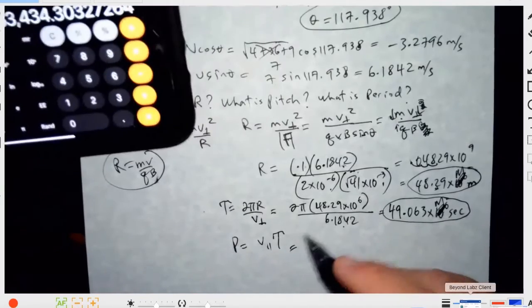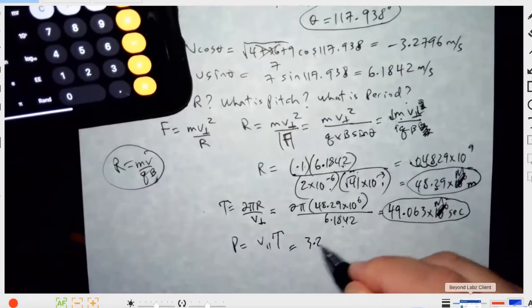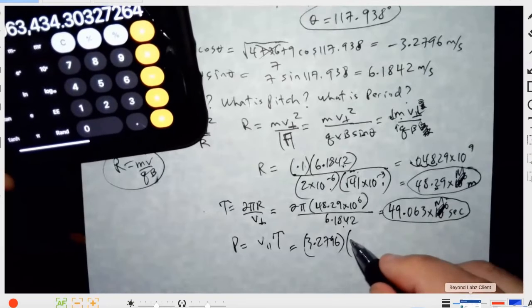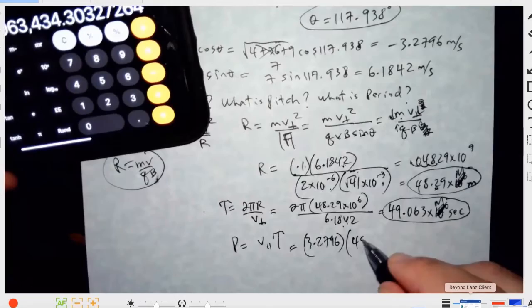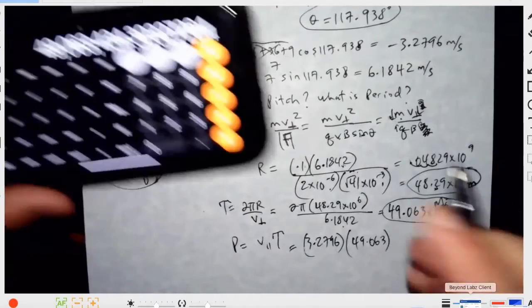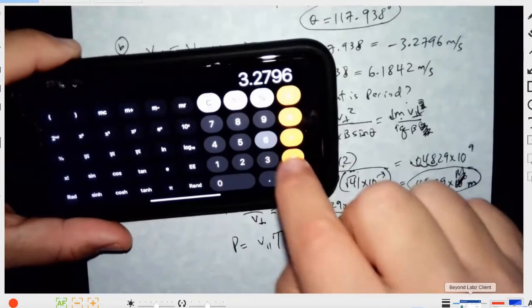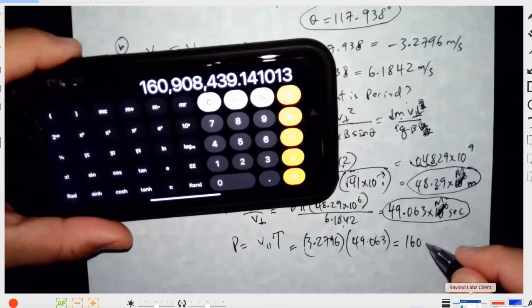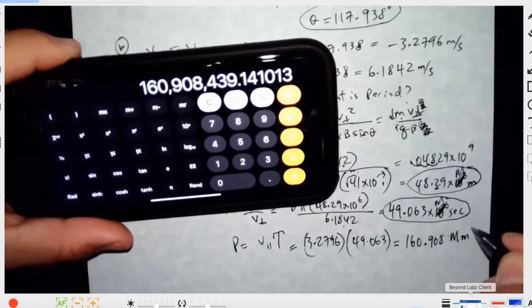The V parallel would be 3.2796 times the period, giving 3.2796 megameters.